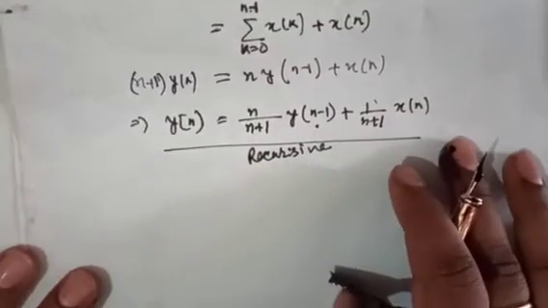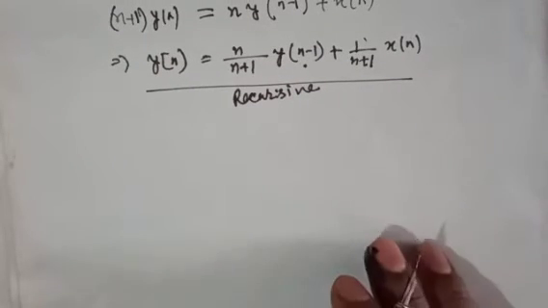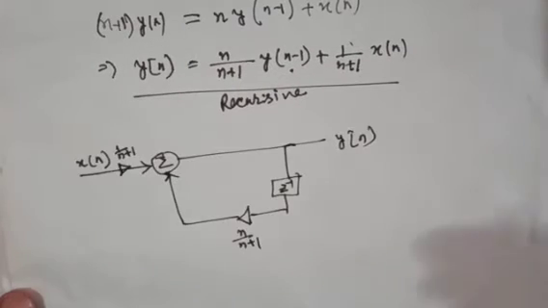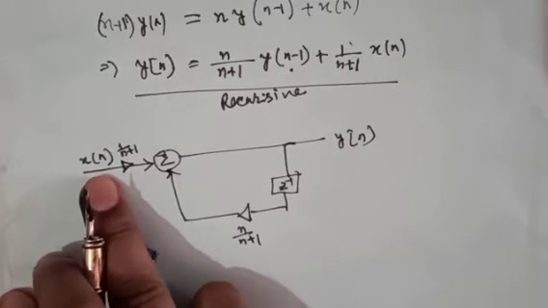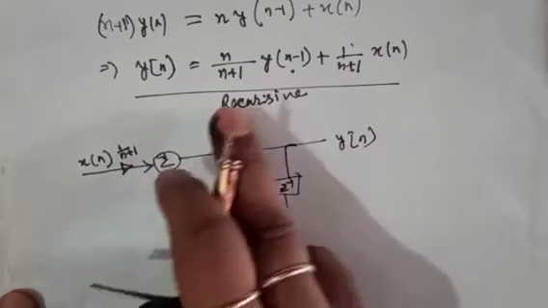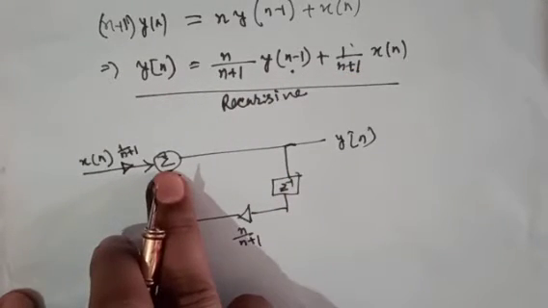That can be illustrated in a block diagram or system representation like this. Here, as you see, this is the x of n. This is the symbol for multiplication, which is actually weighting. This is the adder.